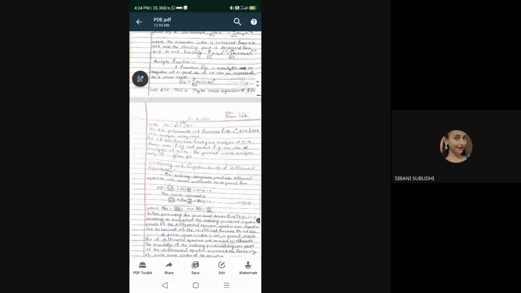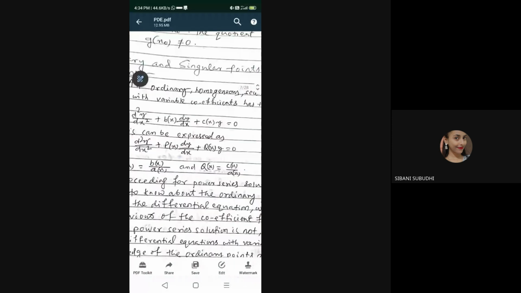Now you can have the standard form of this equation as d square x by dt square plus p dx by dt plus q x is equal to 0. Are you getting it? Anybody? Yes, sir. So that is d square y by dx square plus p(x) dy by dx plus q(x) y is equal to 0, where y is a function of x. So in a linear harmonic oscillator, you can have the expression like this.